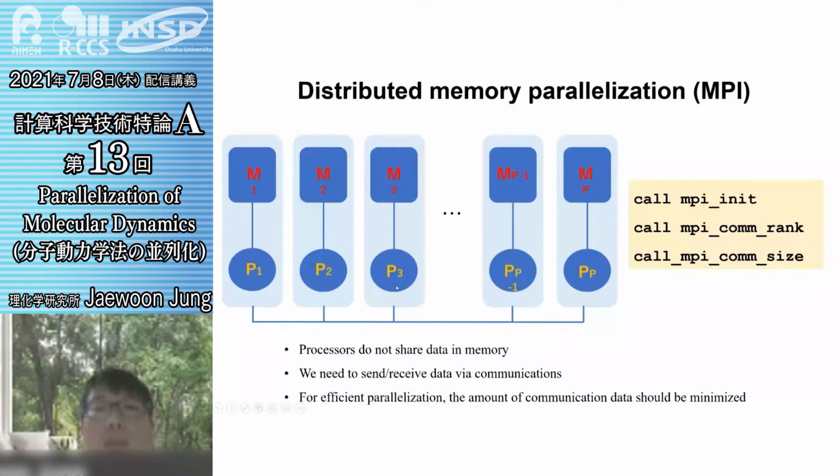In MPI, when we start the program, we need to call MPI_Init, MPI_Comm_rank, and MPI_Comm_size. These are defined in the initial procedure and do not change during the computation, so it is less flexible than shared memory parallelization. And to get the information of other processors, we need to send or receive data via communication. In this case, the amount of communication should be minimized.